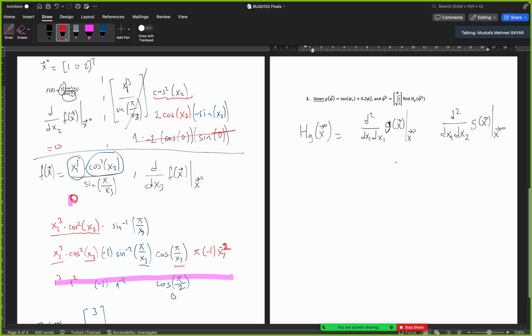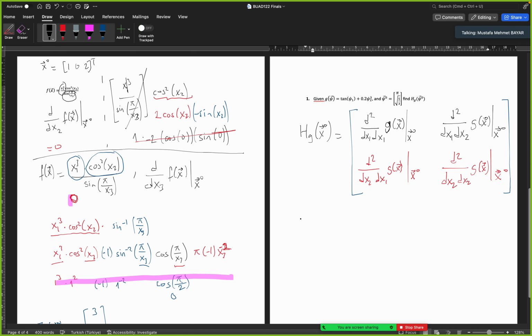Then in the second row, the differentiation starts with respect to x2, followed by x1 for the first element, evaluated at x0 again, and finally d squared over dx2 dx2 g of x evaluated at x0. So this is going to be your question. You should compute 8 derivatives for this question.